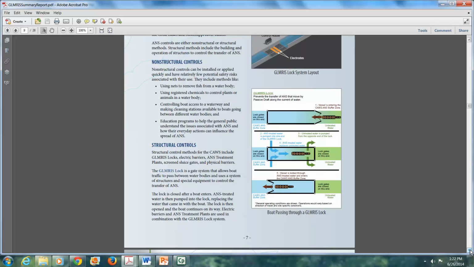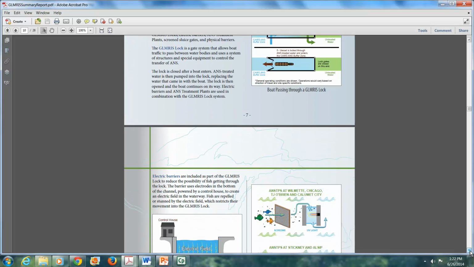The examples here begin with the GLIMRIS lock, and here is an example of a GLIMRIS lock. Basically, a vessel pulls into the lock, and after the vessel enters, the water is drained and replaced with ANS treated water. This prevents the spread of species during the operation of a lock.